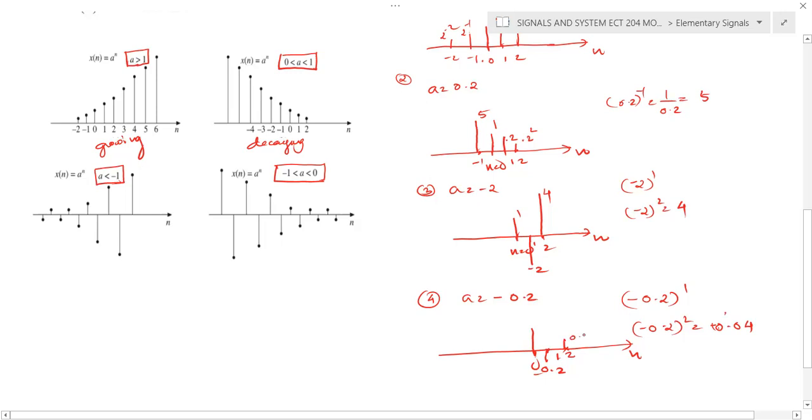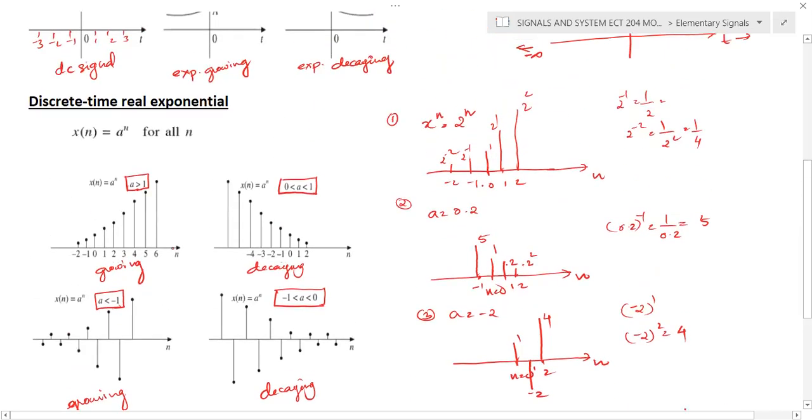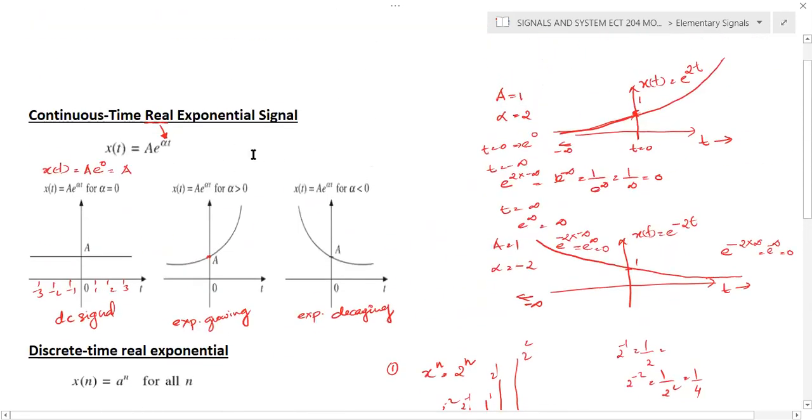So you will get alternately positive and negative values, and the function decays. So you're getting a decaying behavior, but alternately positive and negative. When you take a discrete time signal, you will get 4 different cases, but in the case of a real-time exponential signal, a continuous time signal, there are only 2 cases.